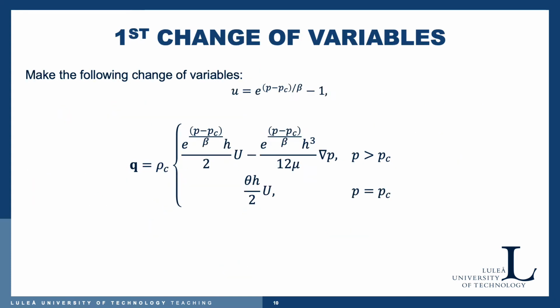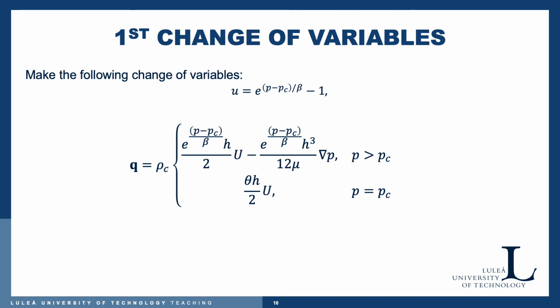What follows now is a quite mathematically oriented section in which we will carry out two changes of variables, and finally we will obtain a very neat expression for the mass flow. So let's start. We know that the mass flow can be formulated in terms of the saturation theta and the pressure p, like this.